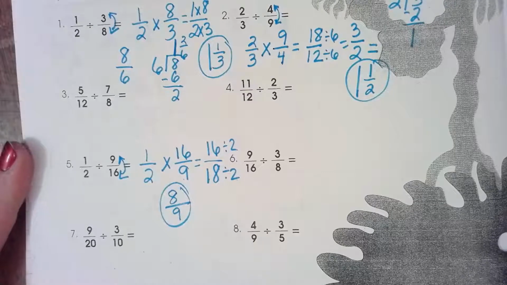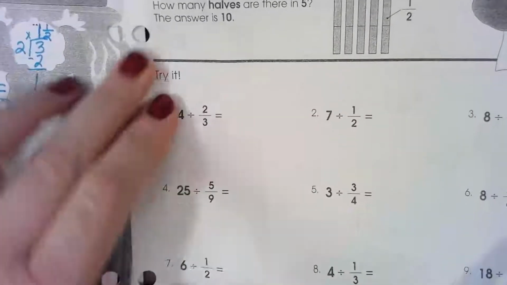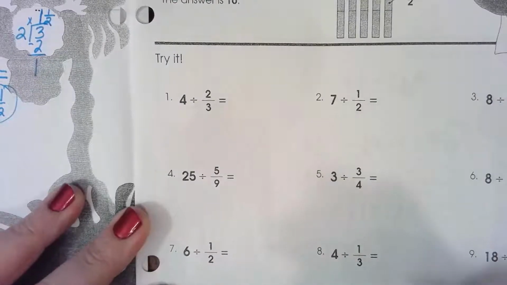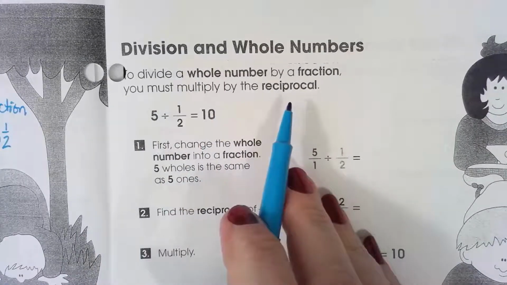Okay, now if we look at page 33, I can also divide whole numbers. If I divide whole numbers, I want to do the same thing. To divide whole numbers by a fraction, you have to multiply by the reciprocal.